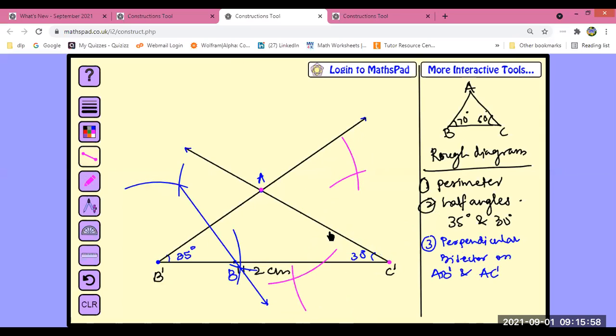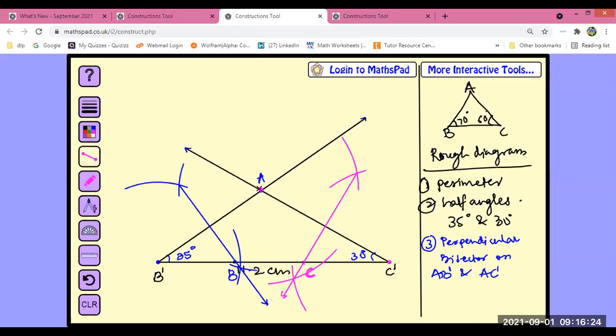Joining these 2 points, we get the third vertex. That gives us the third vertex. This is point C.